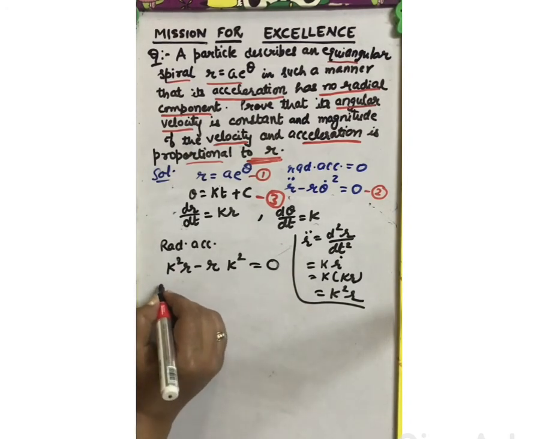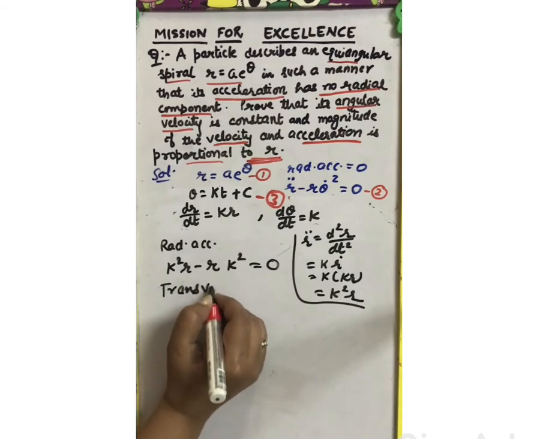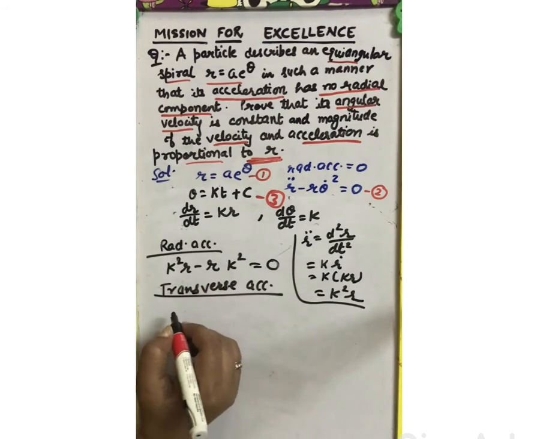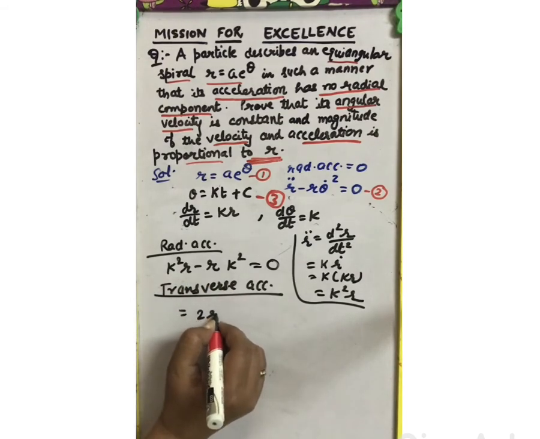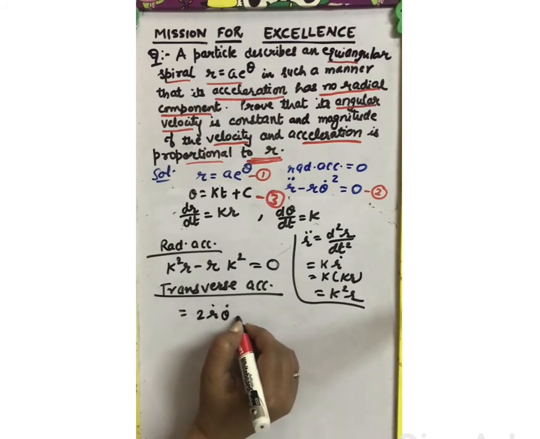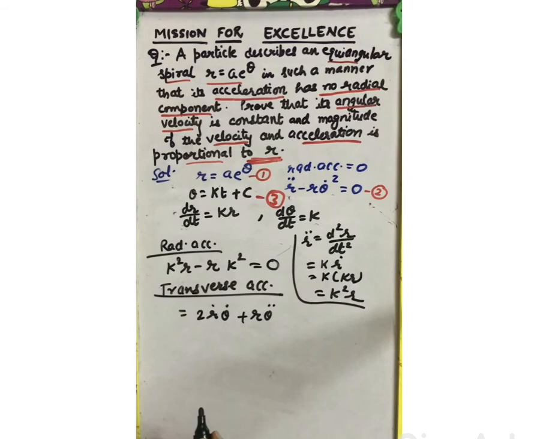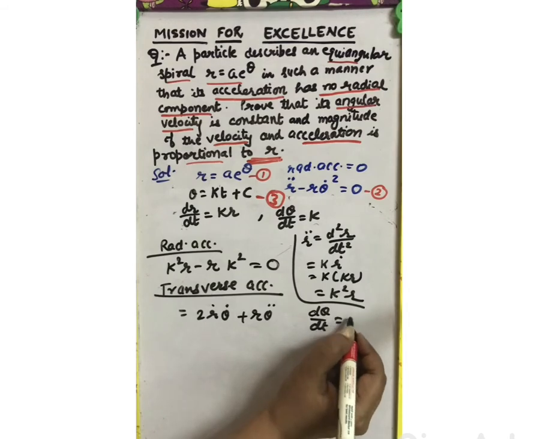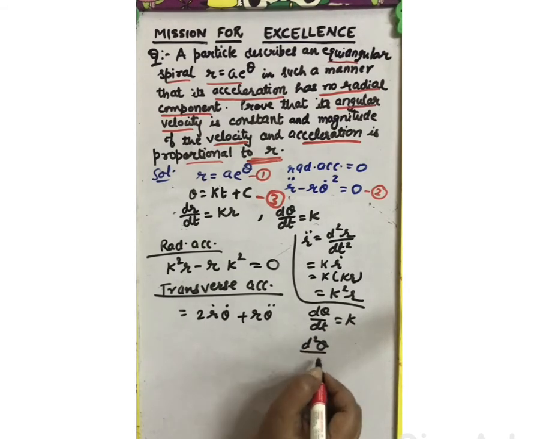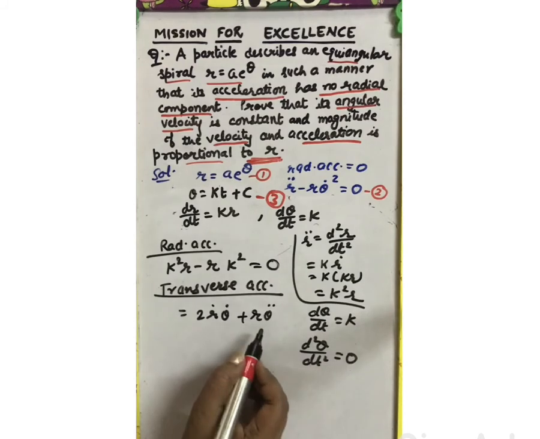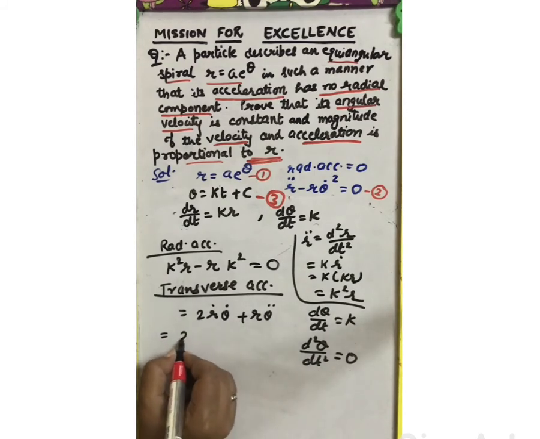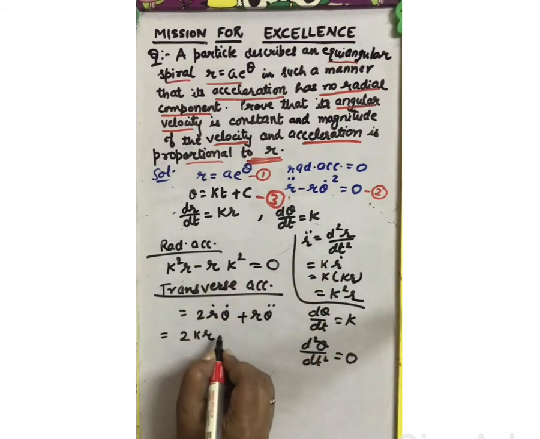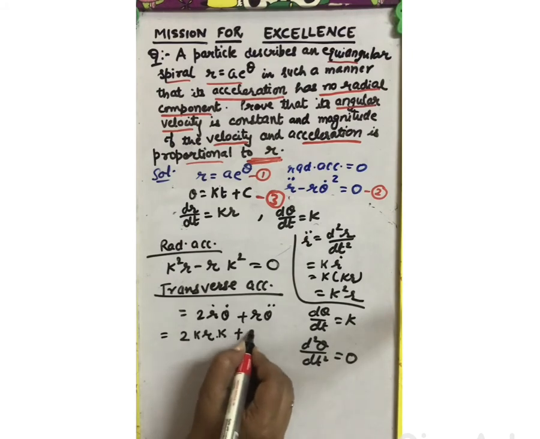So now let us find the transverse acceleration. Transverse acceleration, as we know, is equal to 2 r dot theta dot plus r theta double dot. Now since d theta by dt is equal to k, and d2 theta by dt square is equal to 0, this term will become 0. So 2 r dot is 2kr, theta dot is k, plus this term 0.